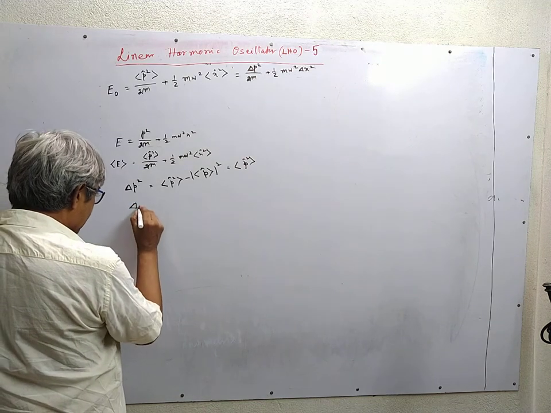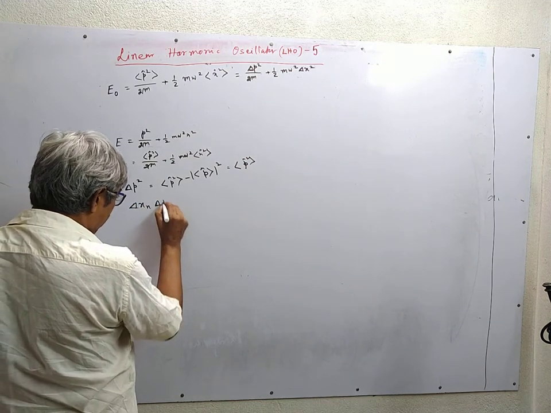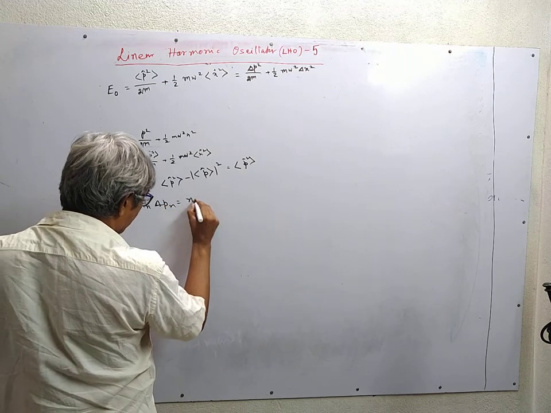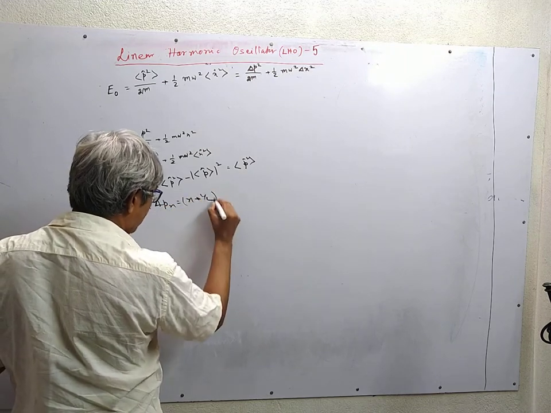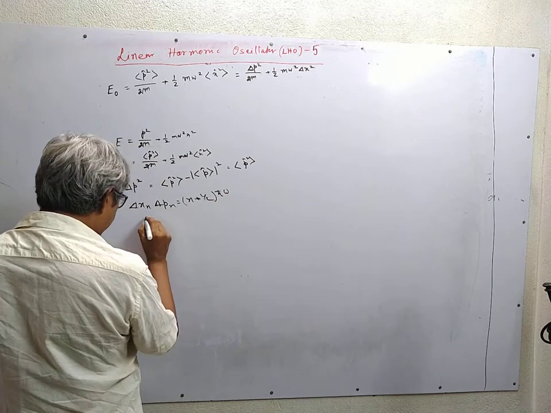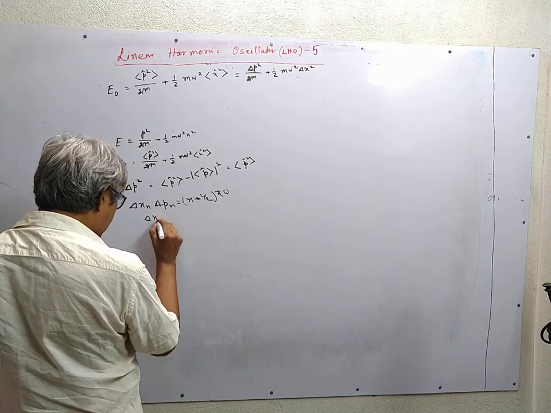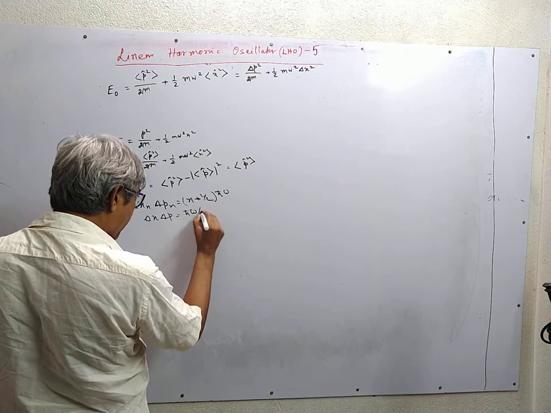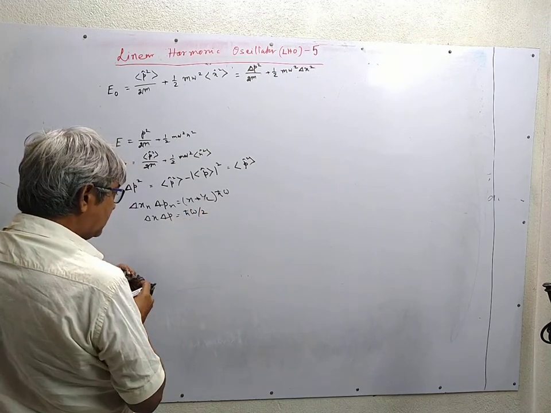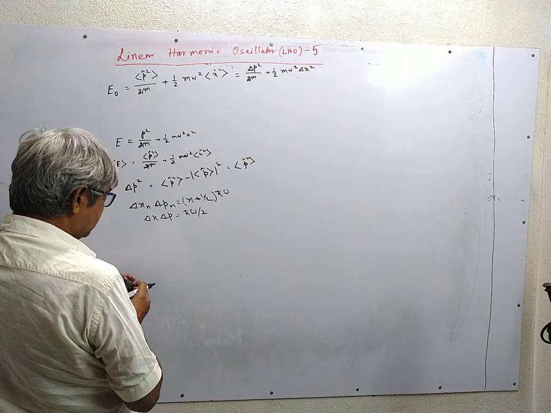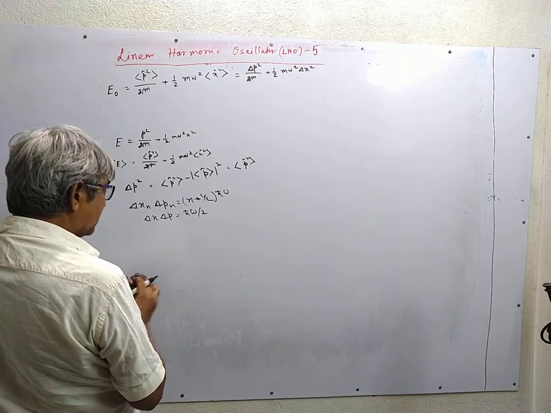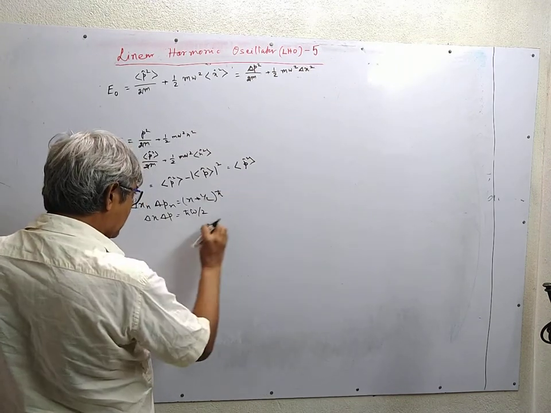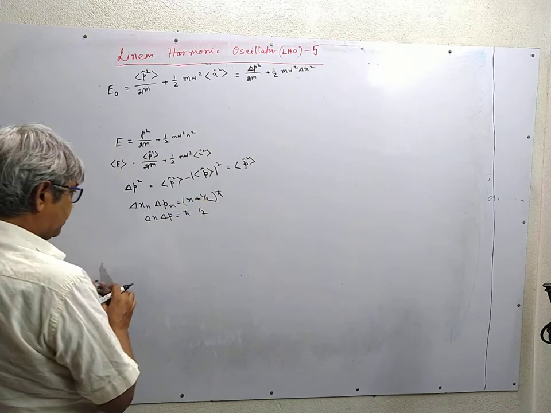delta x n delta p n is equal to n plus half h cross omega. So the minimum uncertainty product is delta x delta p is equal to h cross by 2.